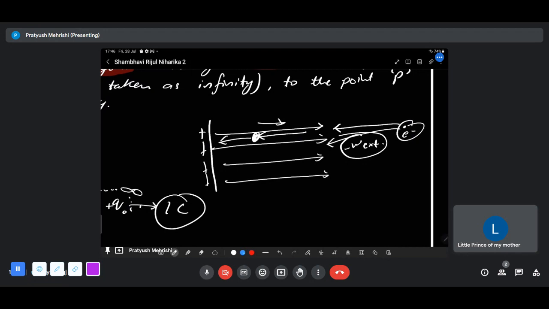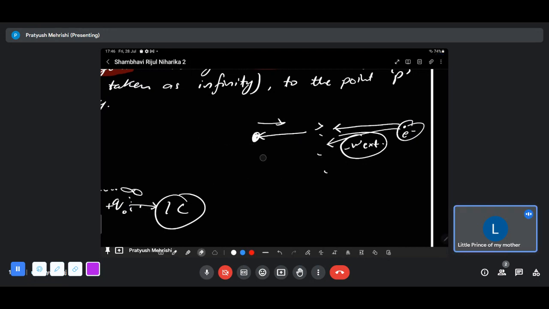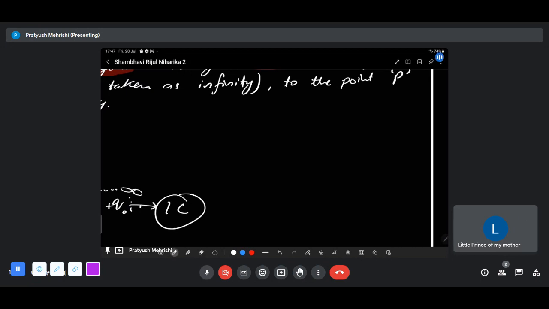Let me explain it. Here displacement and the force are in the same direction, sir. You can say it is attractive force and displacement in the same direction, so it is positive work. No, this is not about force. Yes, with respect to force, but which kind of force?